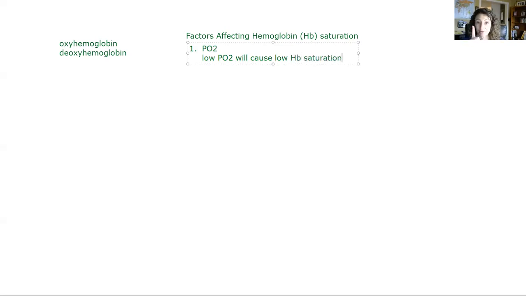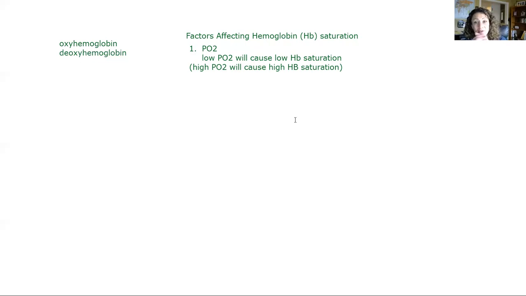A high PO2 will cause high hemoglobin saturation. So if we think about this, at the lungs, PO2 will be high. There's a lot of oxygen in the lungs. Therefore, hemoglobin saturation will be high. That means hemoglobin is holding on to its oxygen.